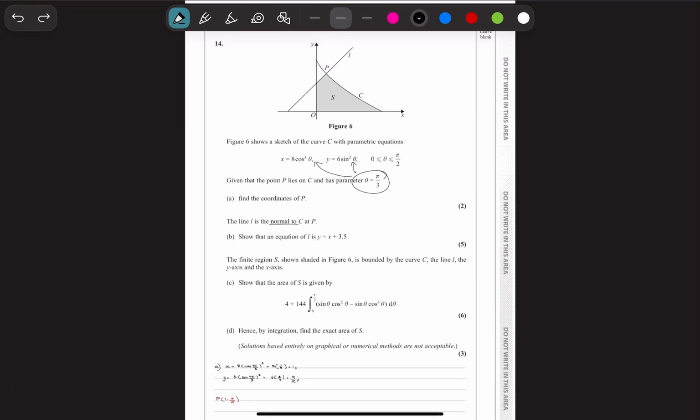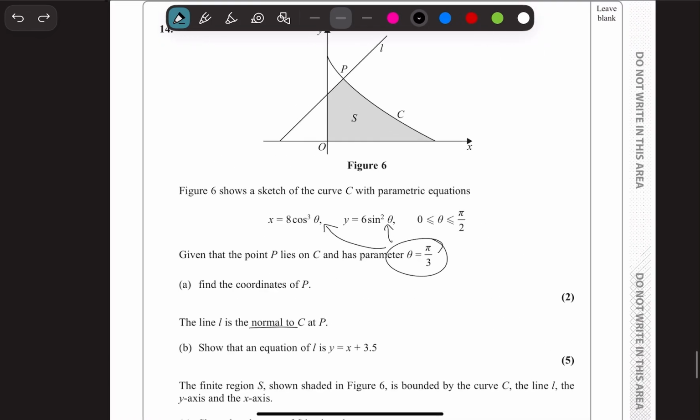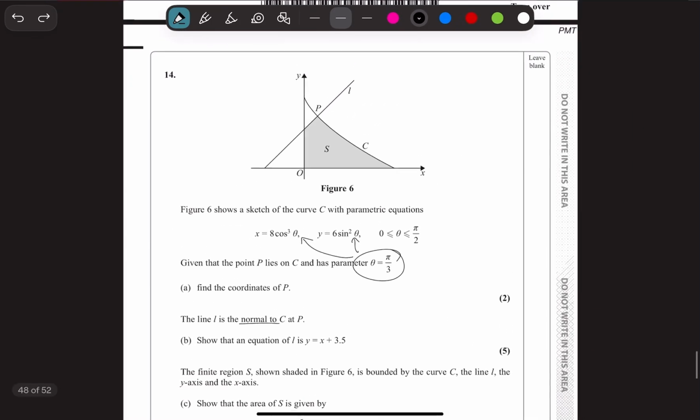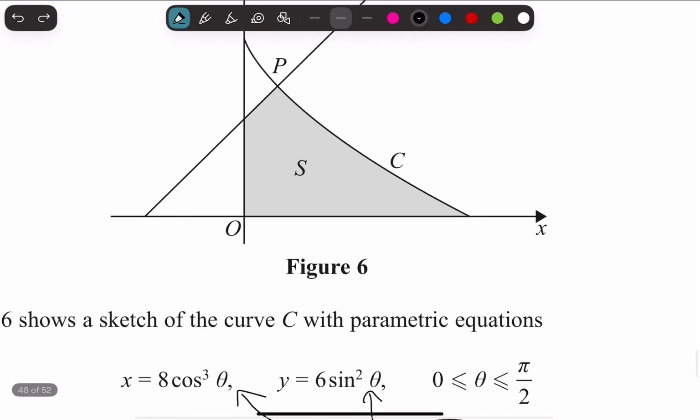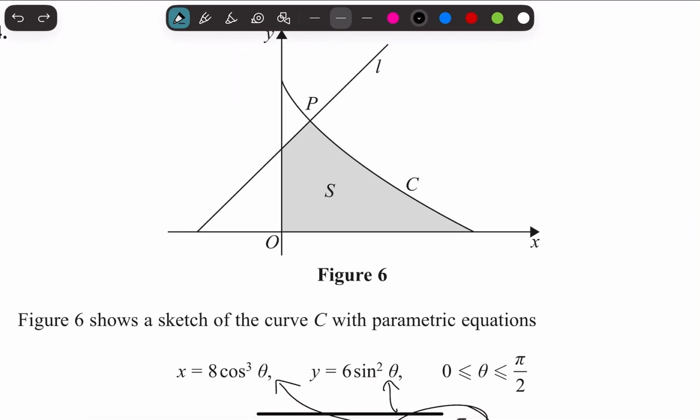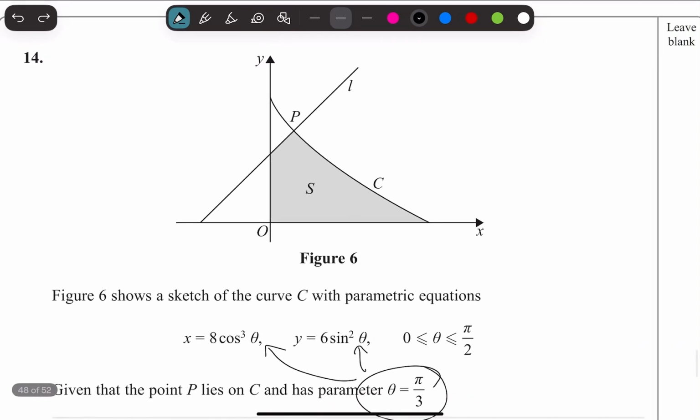Okay, so before we even dive into the question, we want to figure out how to find this area of S. What this requires is that you split this region into 2 parts, because here we have a Cartesian equation, which is line L, and we also have a parametric equation, which is curve C, and we can't deal with those as one thing, because Cartesian and parametric don't just go together.